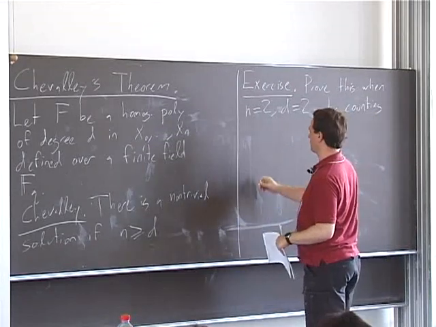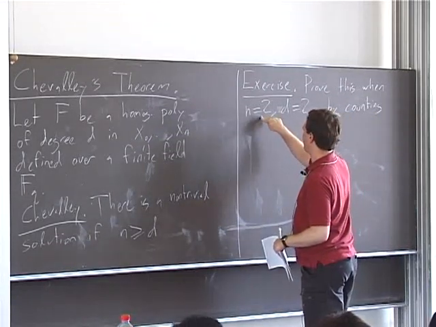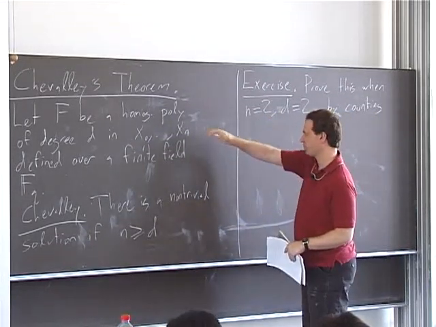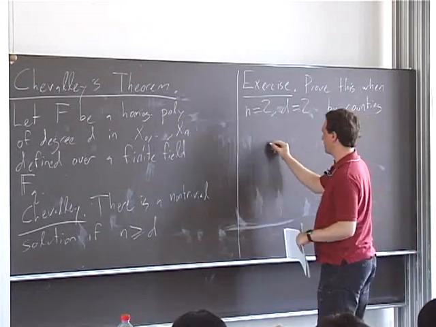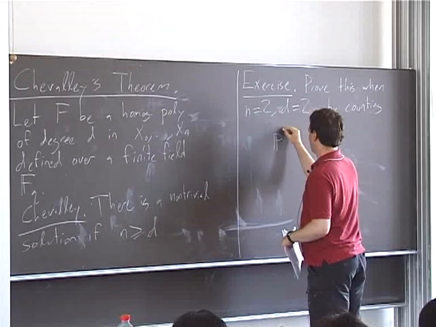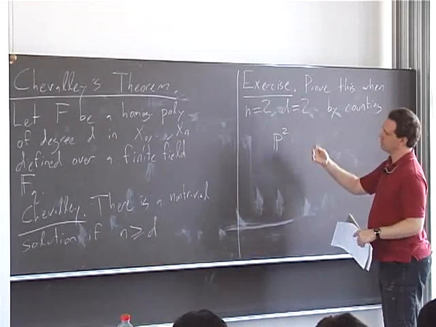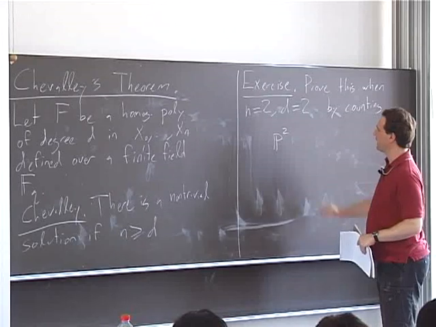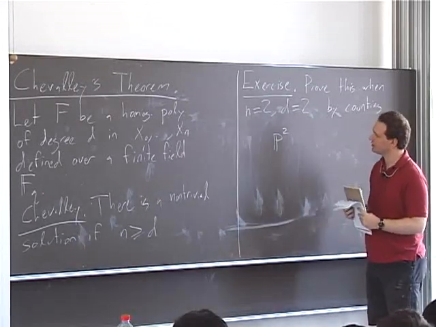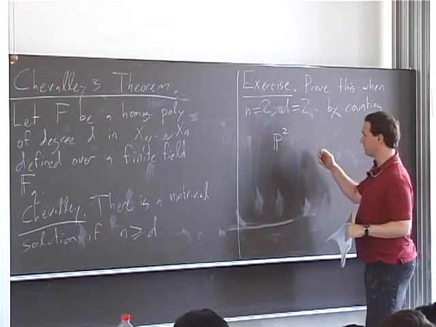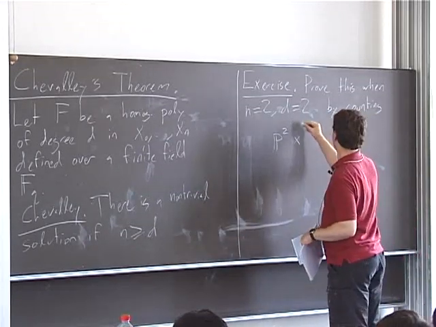So n is 2, so this will be a polynomial in x0, x1, x2, so we'll cut out a subvariety of P2. And then the sorts of equations we're going to look at are homogeneous polynomials of degree 2. These are parameterized by their variables, and by their coefficients.